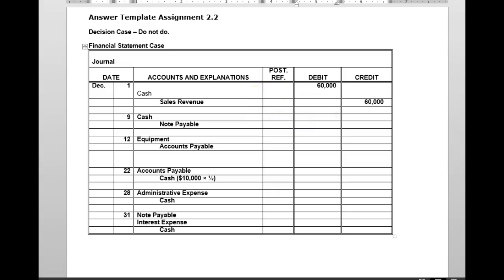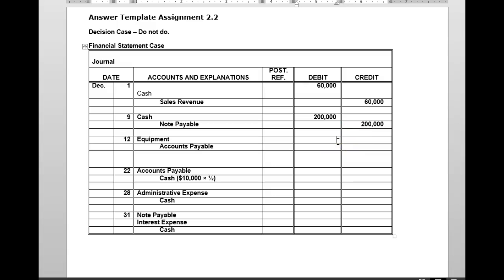The next one says we borrowed $200,000. Wow. $200,000 by signing a note payable. When I borrow money, I receive money. So there's a $200,000 increase in my cash. I've created a liability, so I have to increase that liability to the amount that I owe, $200,000.